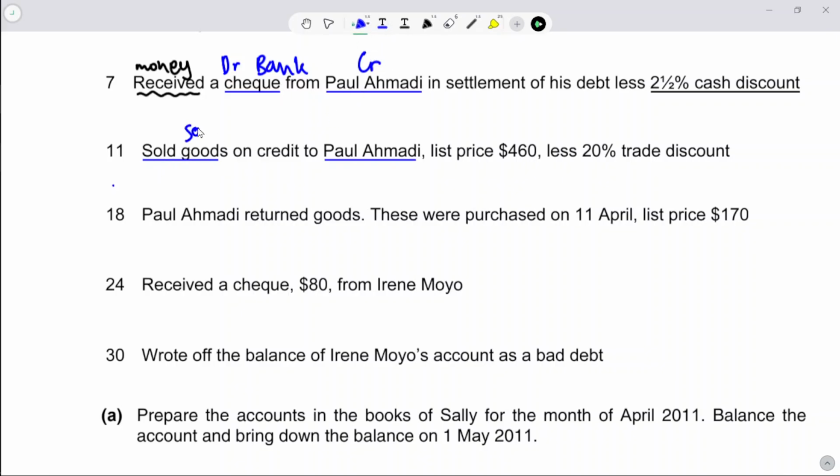So good is actually sales. Sales is always a credit. If there is credit, then the another one will be debit. And this one we will do later.